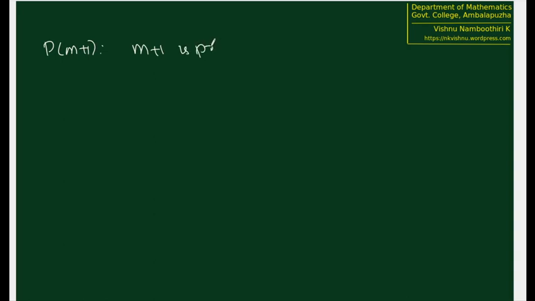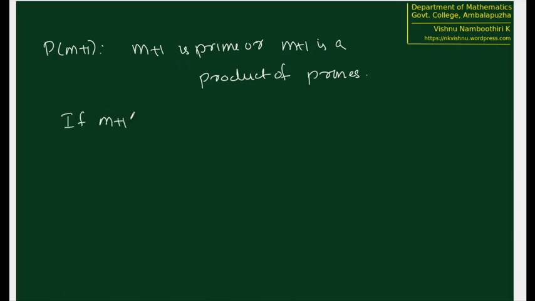M plus 1 is a prime, or m plus 1 is a product of primes. This is P of m plus 1. Now, if m plus 1 is a prime, there is nothing to prove, because that's one of the things that we wanted. If m plus 1 is prime, we are done. P of m plus 1 is true.